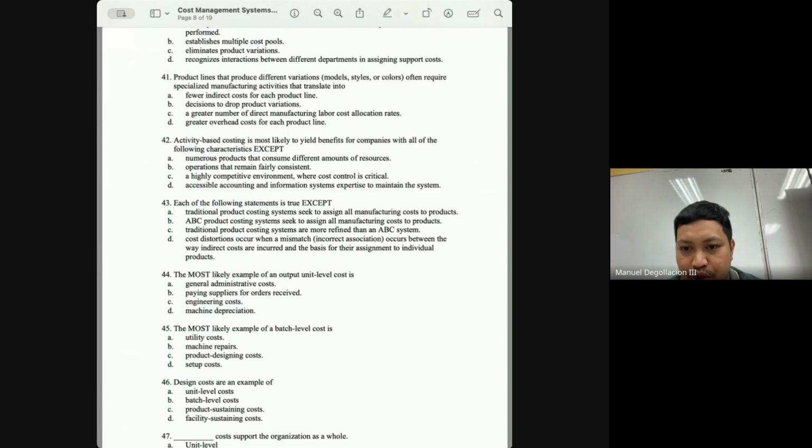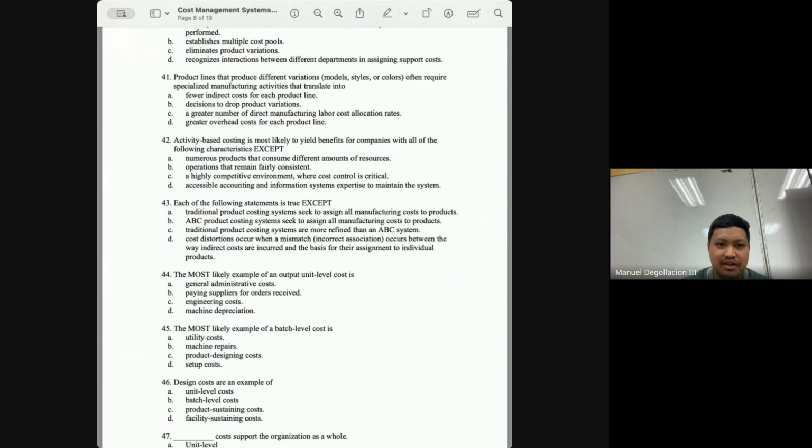If you produce numerous products that consume different amount of resources, definitely the benefit of activity-based costing would be felt, class. If your operations remain fairly consistent, then definitely you will not see significant differences, class, when using traditional and activity-based costing. So answer for number 42 is bravo.